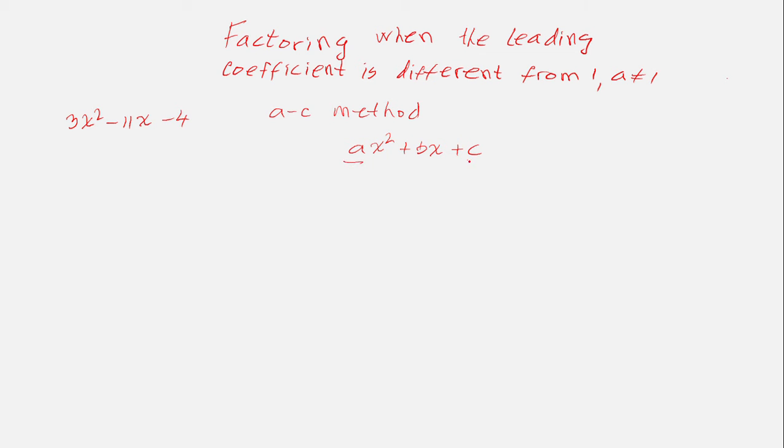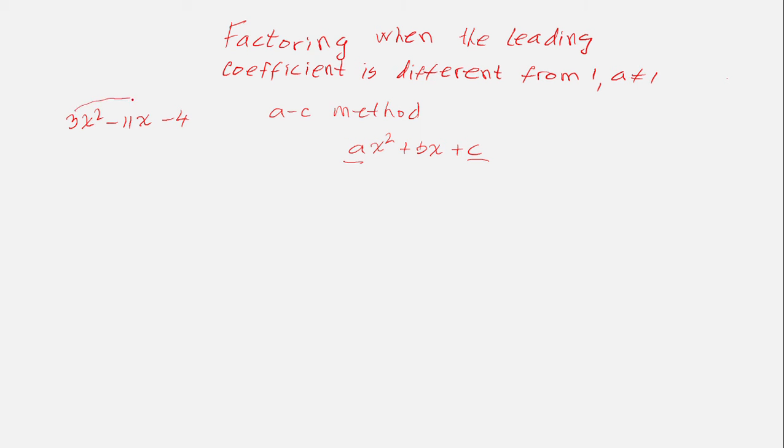So the AC method means our method has something to do with this coefficient and this constant at the end. Okay, so what do we do with those two coefficients, with those two numbers, 3 and -4 in this case?